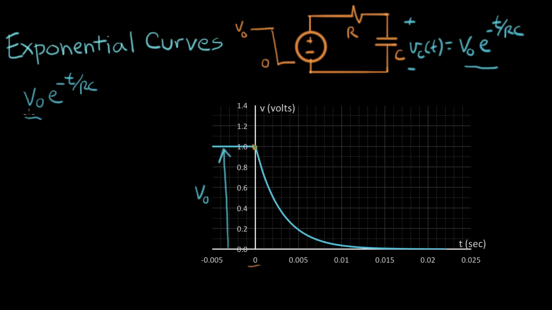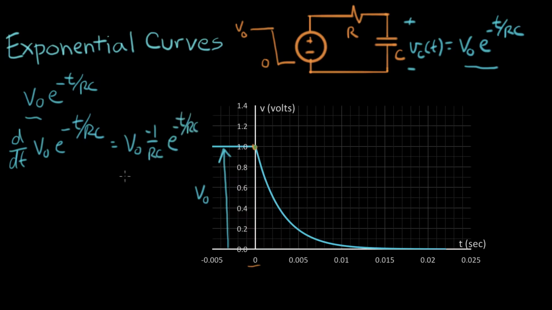Let's take the derivative of our function: d dt of V naught e to the minus t over RC. That equals V naught, and the RC comes down, minus 1 over RC, e to the minus t over RC.